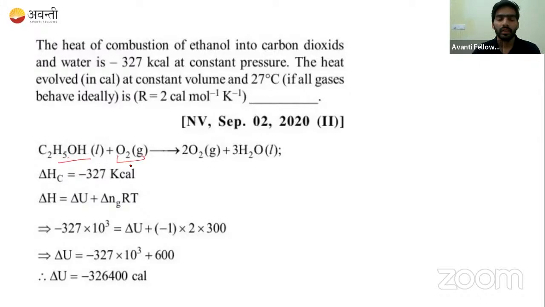In the presence of oxygen, we get carbon dioxide and 3 H2O water molecules in liquid state.